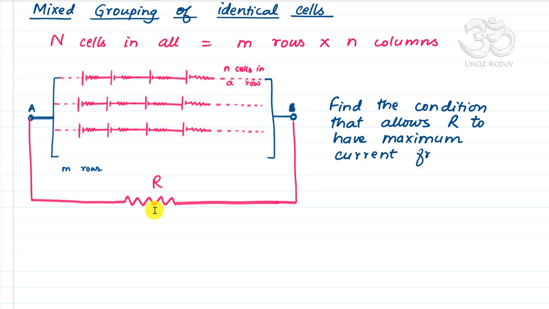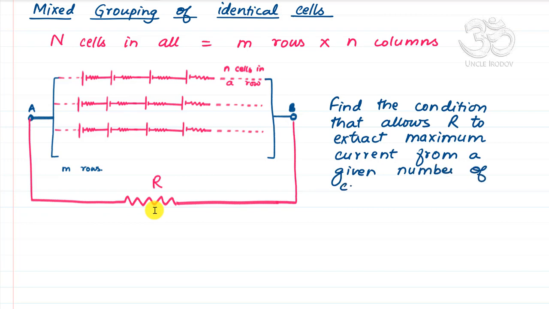I should say extract, not have. I think extract is a much better word. So find the condition that allows R to extract maximum current from a given number of cells, of identical cells really.